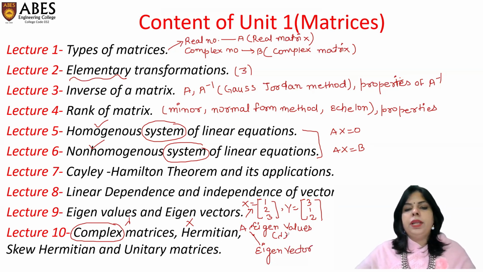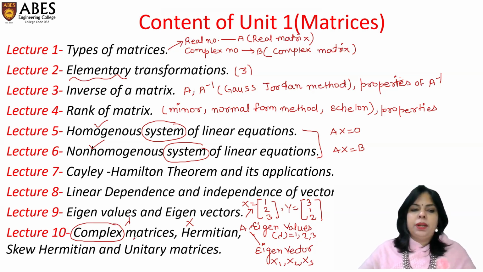It means if you have three eigenvalues, say lambda = 1, 2, 3, then you will get three eigenvectors corresponding to these eigenvalues, like x1, x2, and x3.